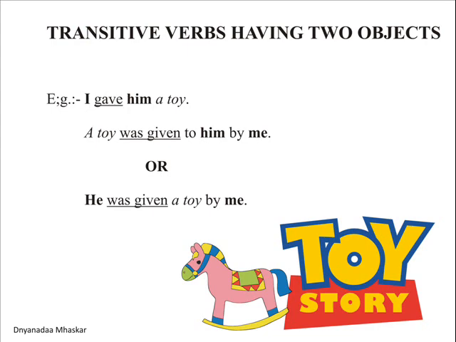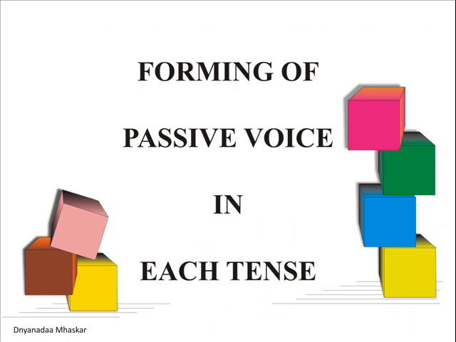Now we are coming to the most important thing, that is how we change active voice into passive voice in each tense. Again, I am reminding you children that when we change active voice to passive voice, we do not change the tense of the verb, we just change the form of the verb.